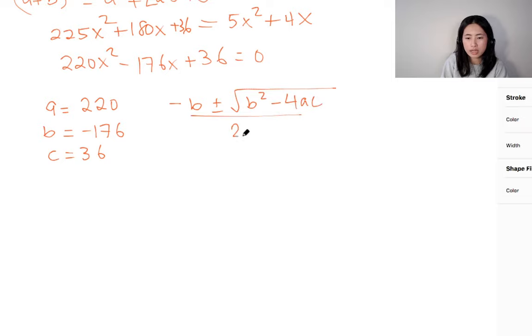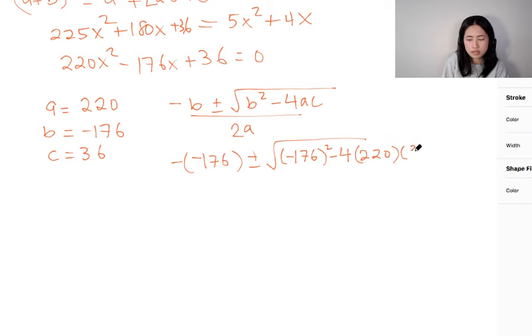So negative times negative 176 plus or minus square root of negative 176 squared minus 4 times 220 times 36, over 2 times 220.